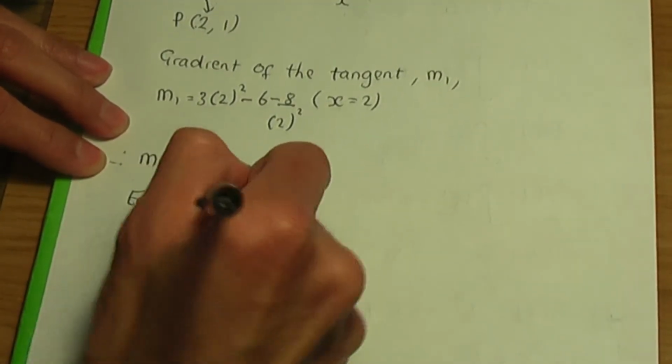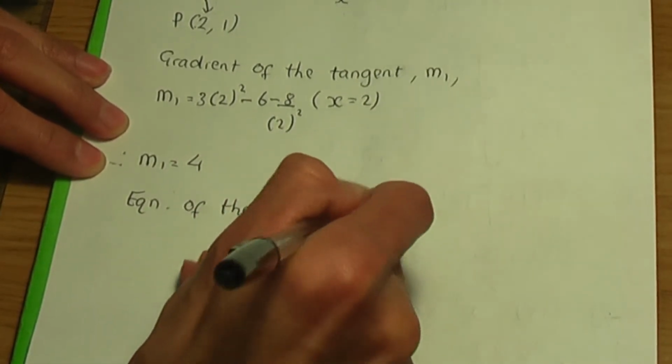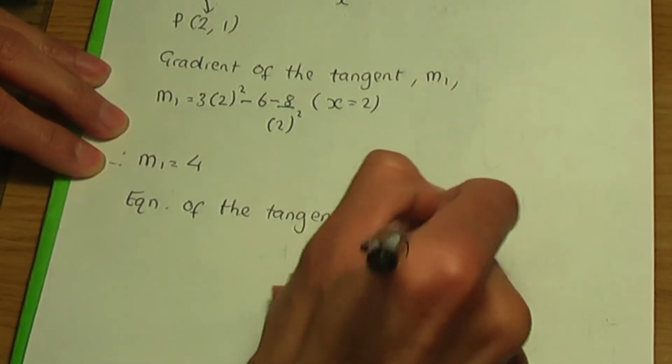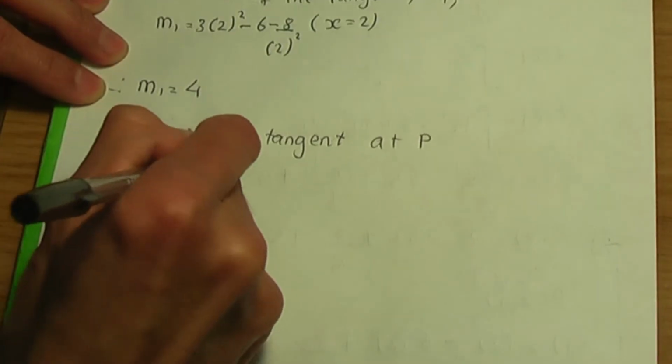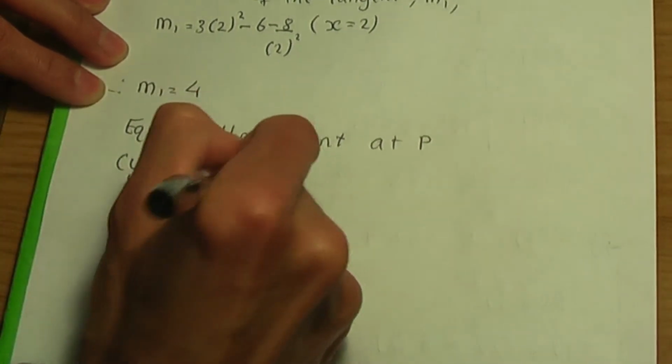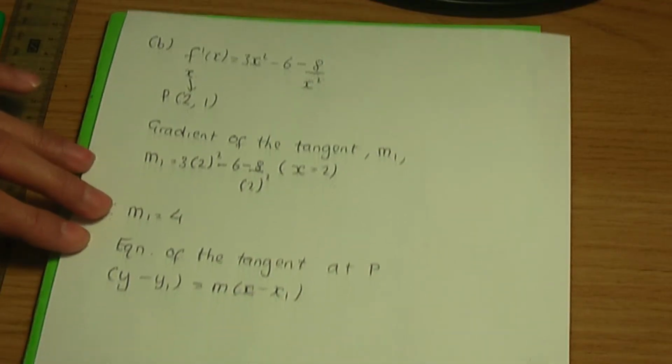So the equation of the tangent at P, which has coordinates 2, 1. Let's use the equation of the line formula, y minus y1 equals m into x minus x1.